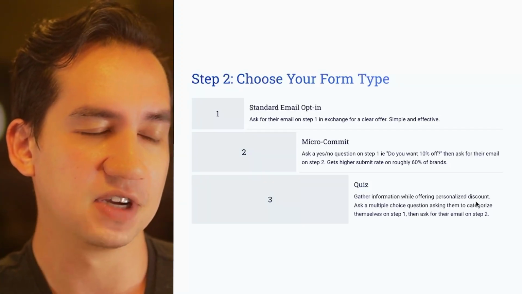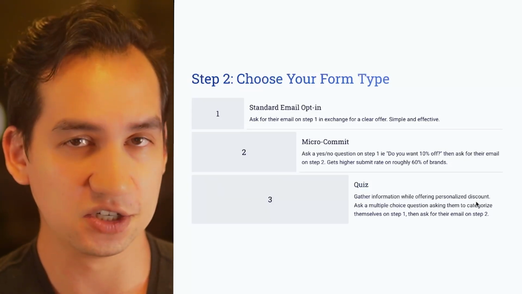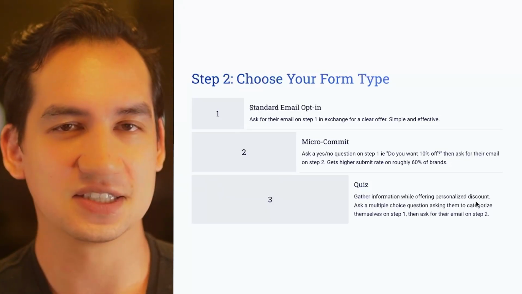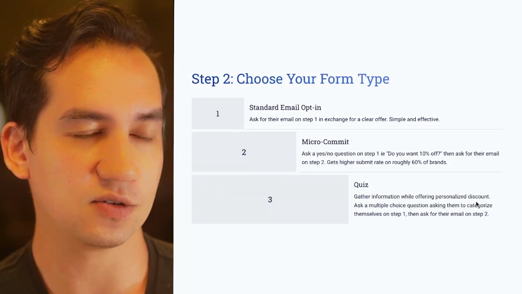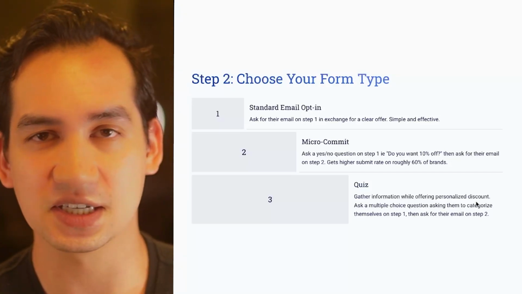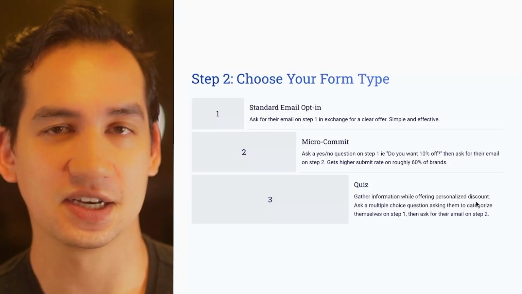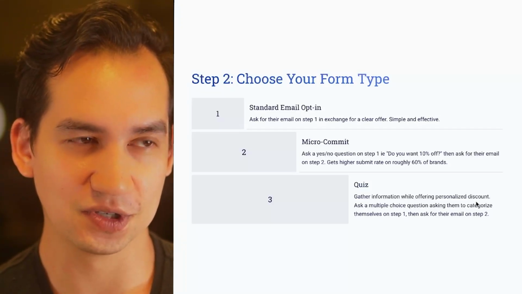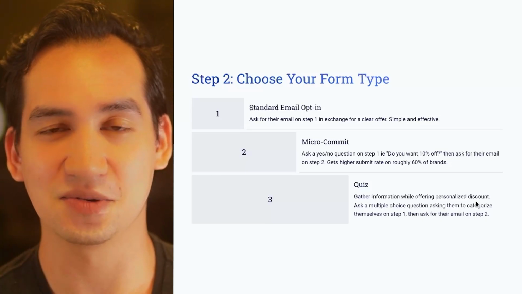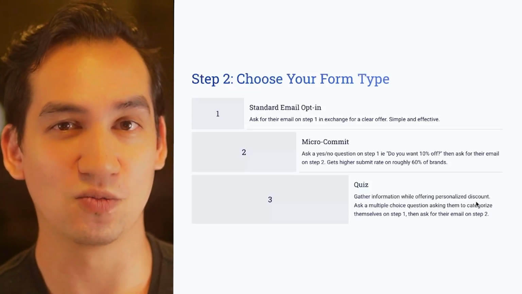So you might have marathon runners versus high intensity interval training cardio type people. You might have weight training people. So you ask them that on step 1. It's like, all right, what type of athlete are you? And then step 2, it's like, congrats, for your specific demographic, we offer 10% off, or whatever the case may be.